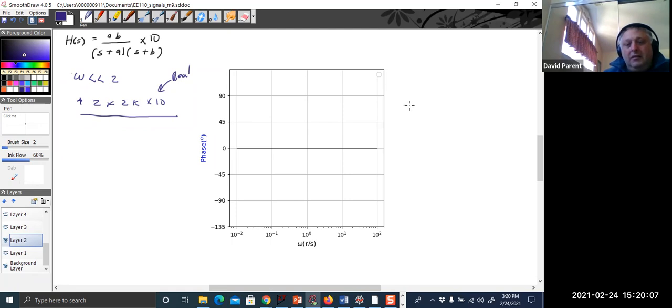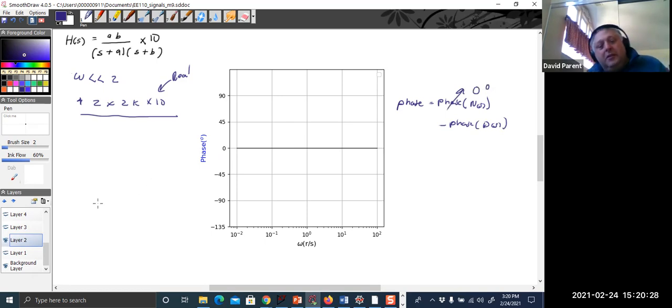So the phase is equal to the phase of the numerator minus the phase of the denominator, and the numerator is always 0 degrees.